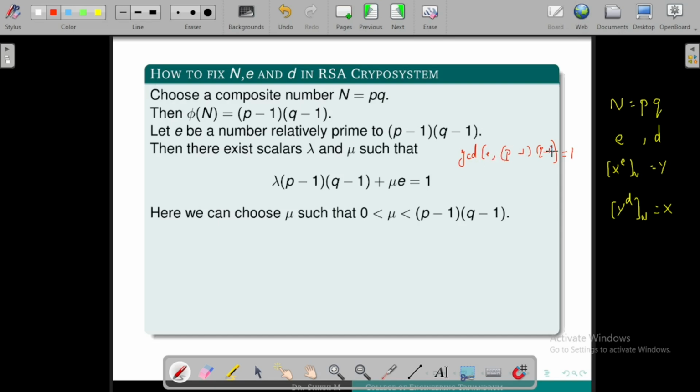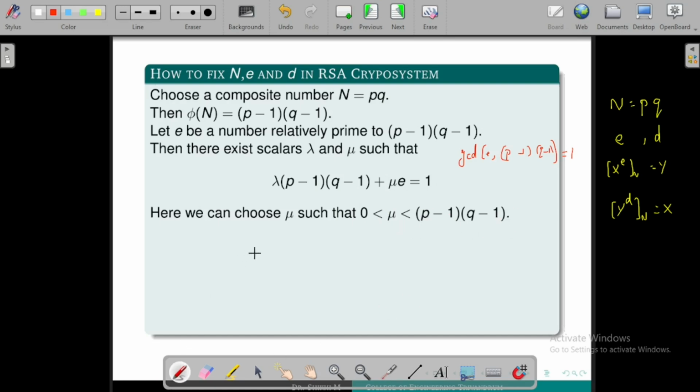So if the GCD of two numbers is 1, you can find numbers lambda and mu satisfying this relation: lambda times (P-1)(Q-1) plus mu times E equals 1, because (P-1)(Q-1) and E have GCD 1. Now we can select this mu in a particular way such that 0 is less than mu, which is less than (P-1)(Q-1).